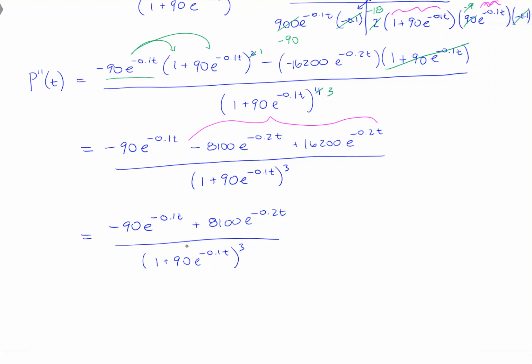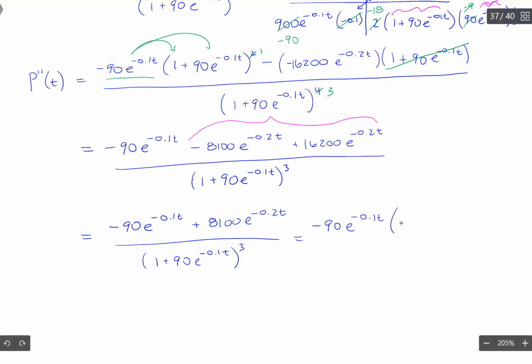Lastly, I can do some common factors from the numerator, and the most factored form is considered the simplest form, especially when you go on to solve later on. There's clearly a common factor of 90 among both of those terms. And there's also a common factor of e to the negative 0.1t.